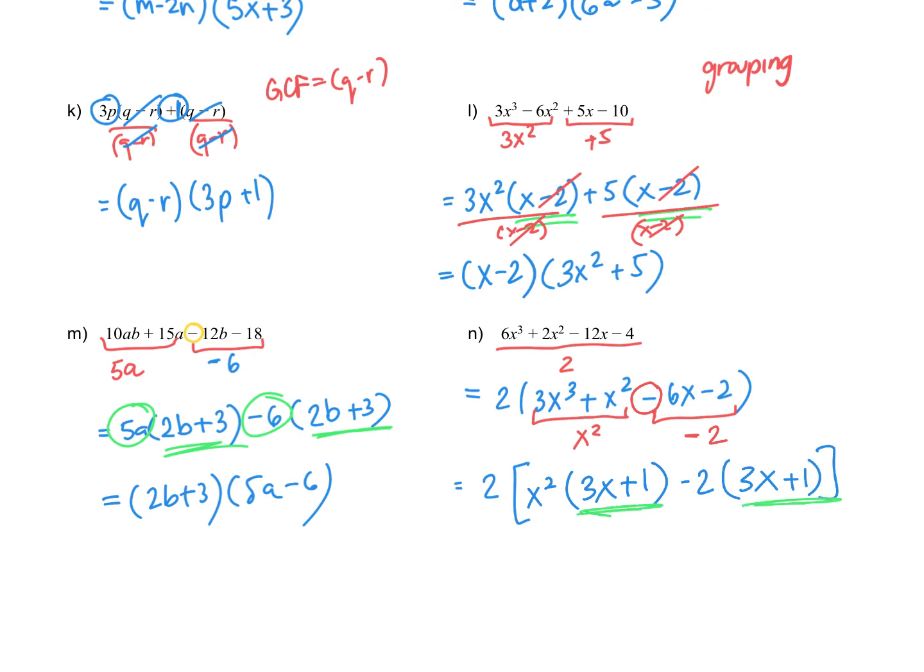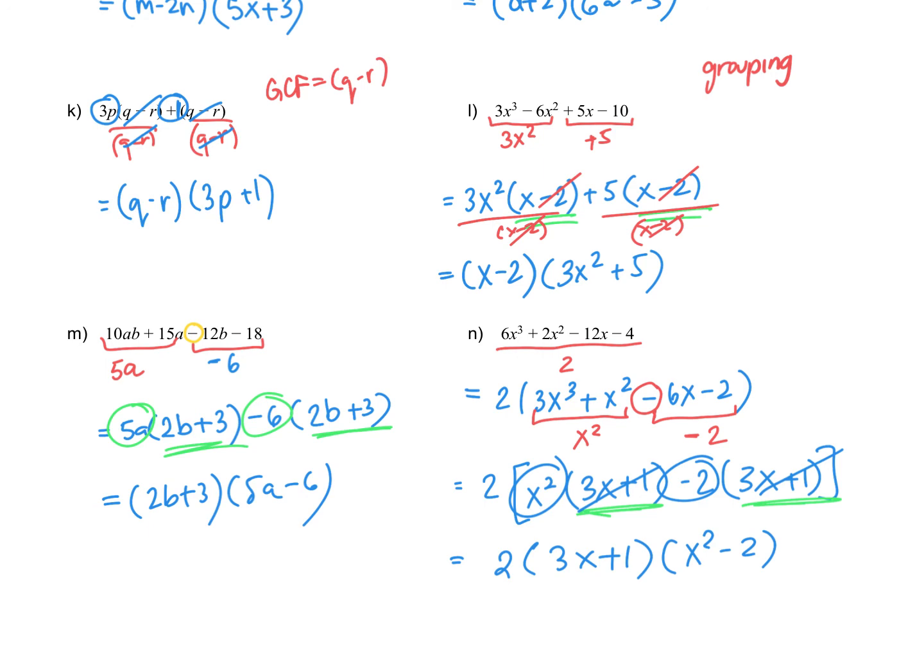Brackets are matching, very good sign. So I wrote my original common factor of 2, then I'm going to write my common bracket of 3x plus 1, and when those cancel out, we're left with x squared, subtract 2 for the other bracket. And there we have it.